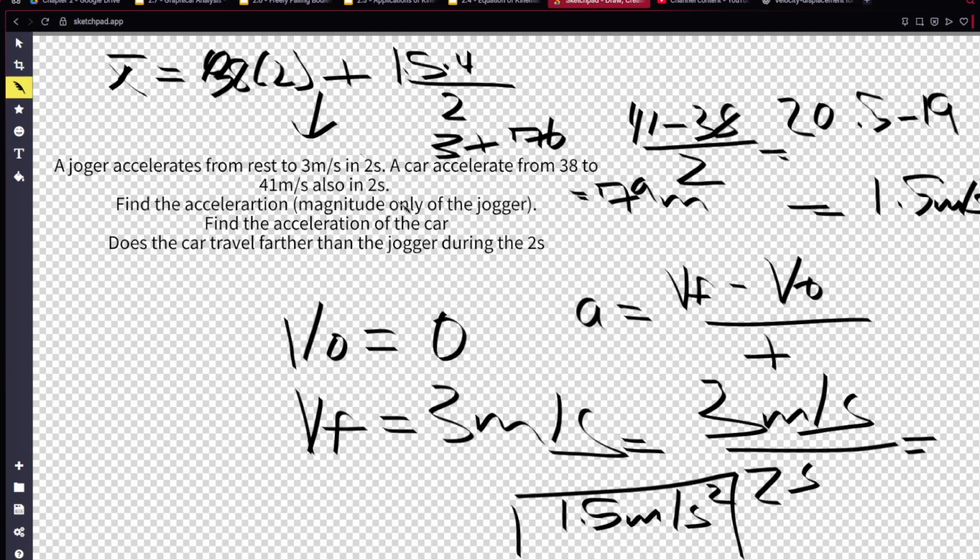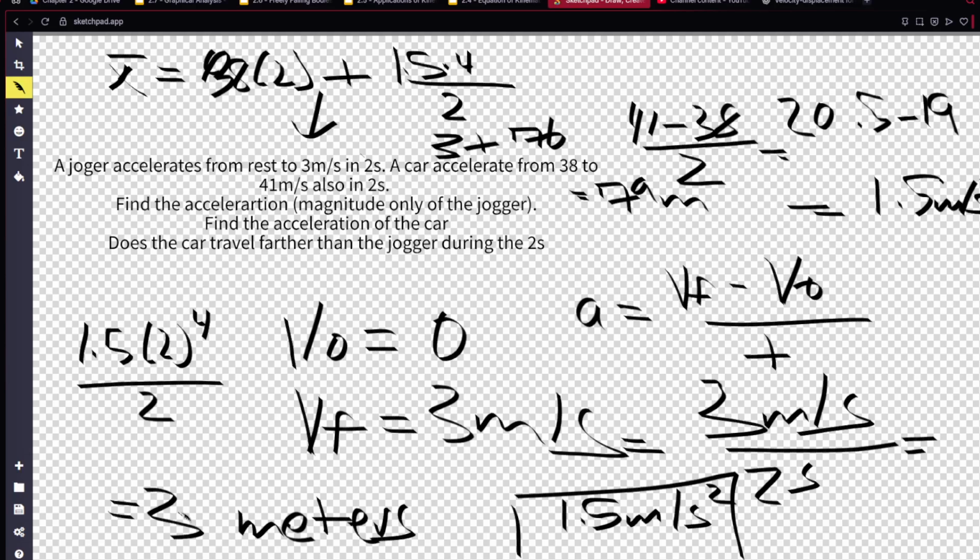And the jogger, let me just do the math in my head. Or we can just do the at squared over 2 formula. So it's going to be 1.5 times 4 divided by 2, which is 3 meters. So he's going to be traveling 3 meters in that time.